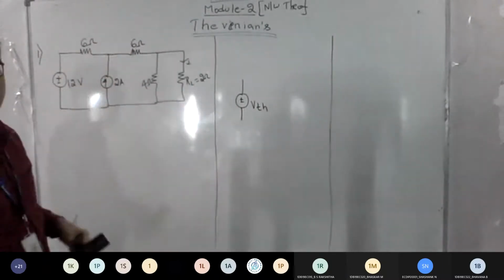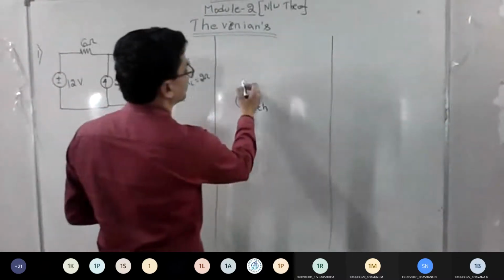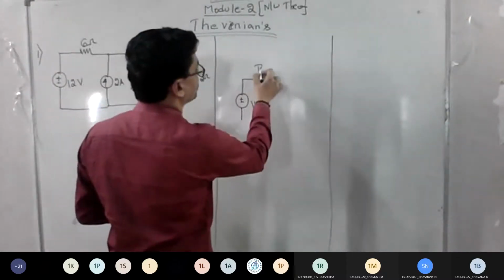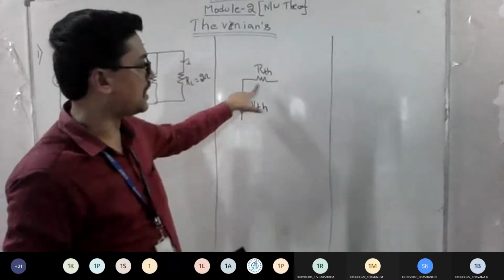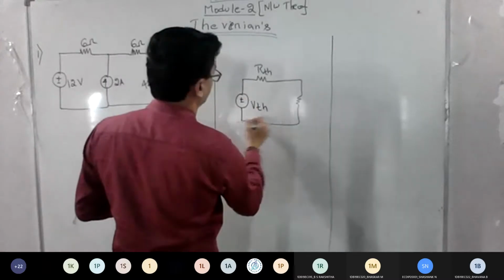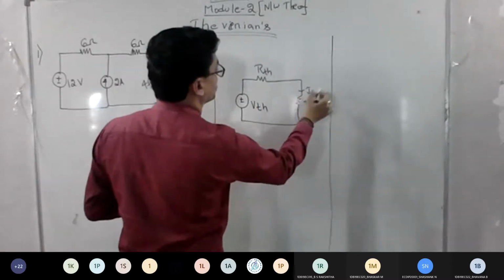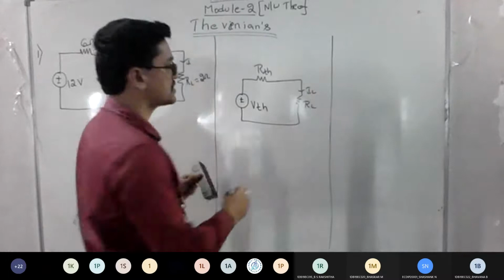Along with your R element, I need to get one voltage with one equivalent resistor. We designate them as Thevenin voltage VTH and RTH, connected in series. Across this I need to find the current.